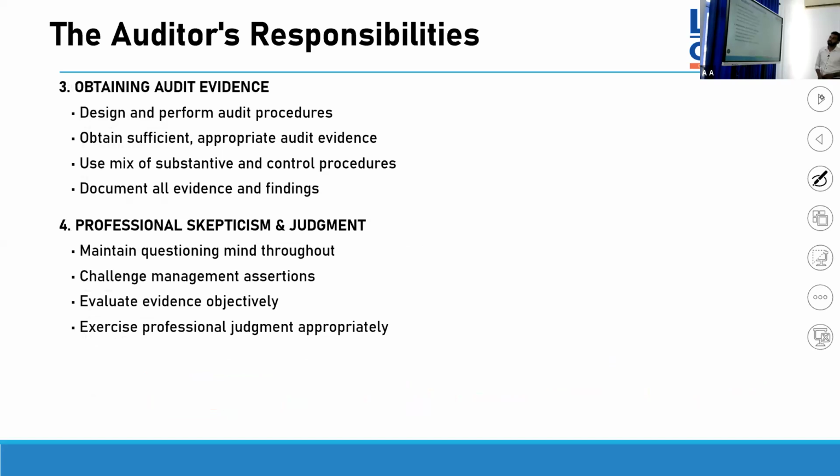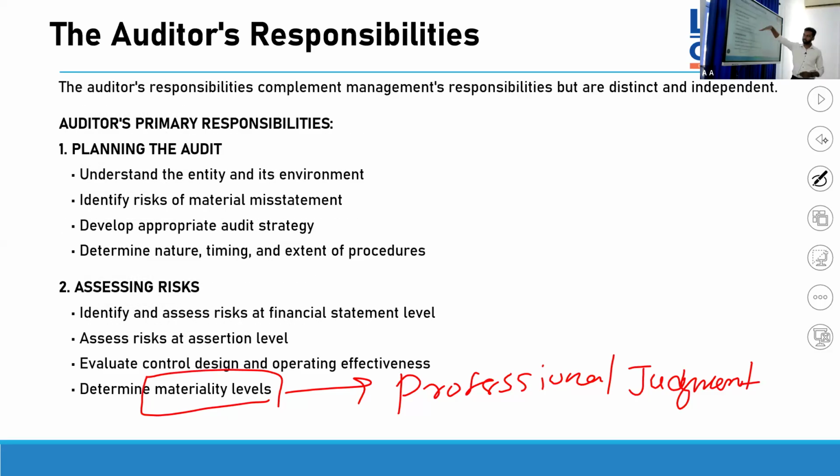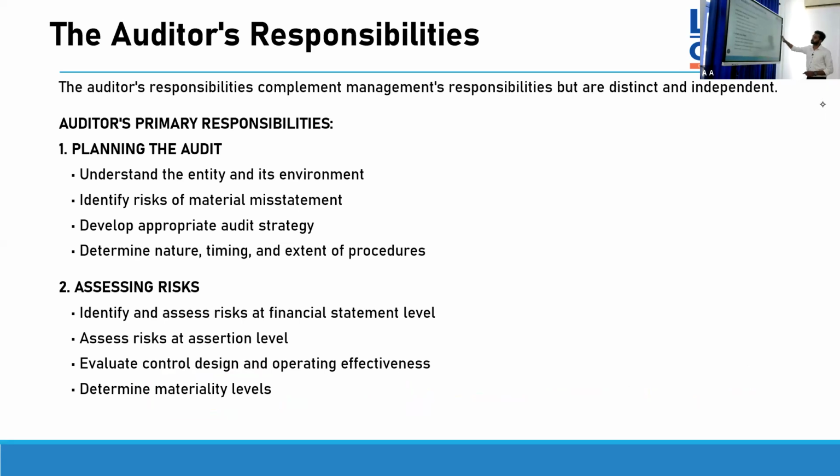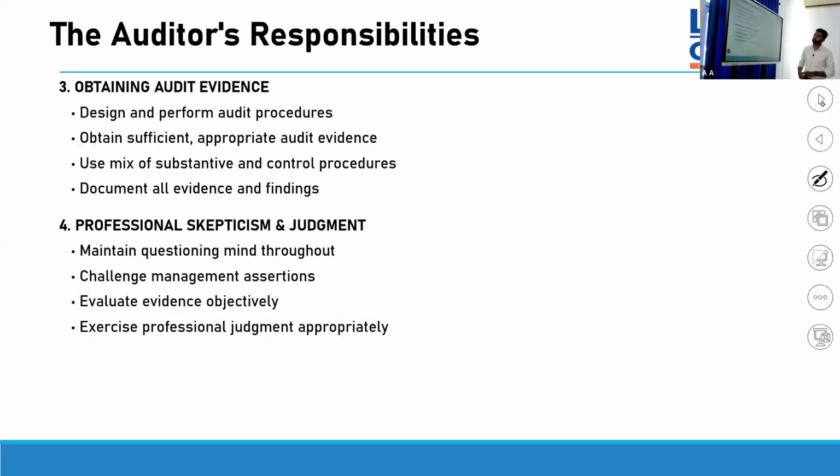Next one is obtaining audit evidence, right? Once you perform these two things, plan the audit and assess risk, then you must design and perform audit procedures.